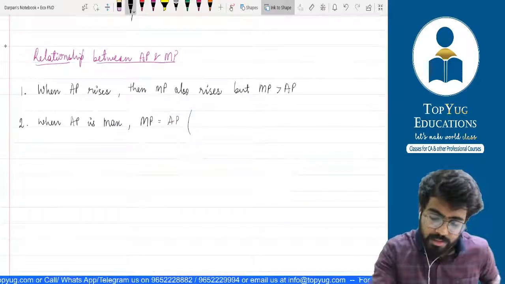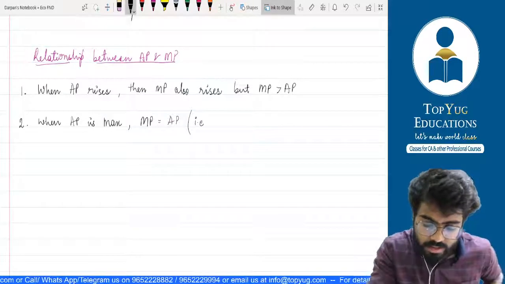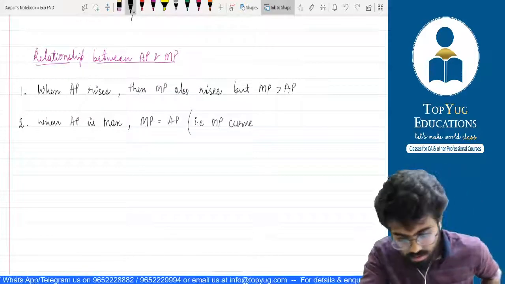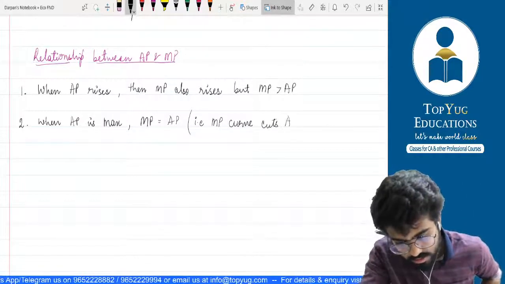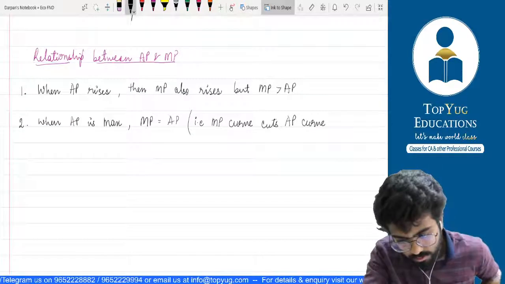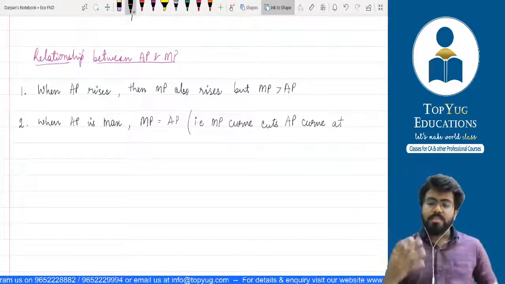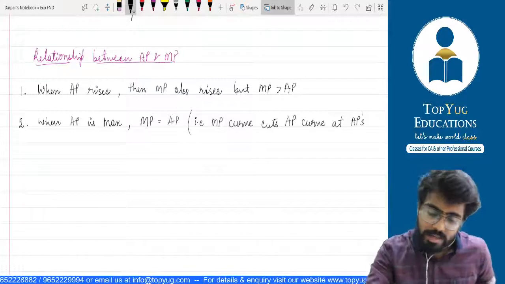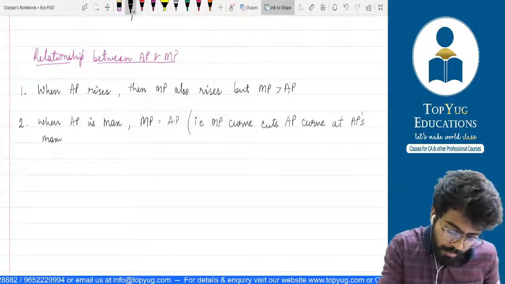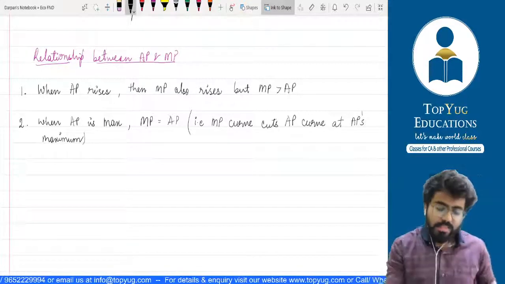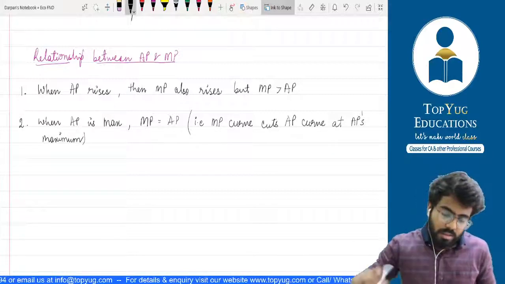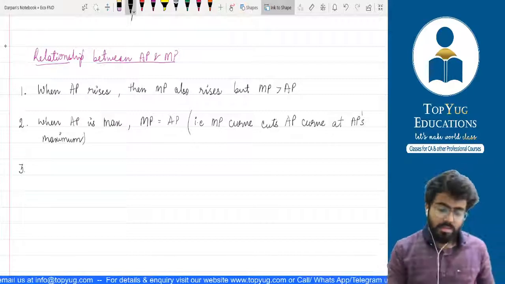MP is equal to AP, in brackets, that is MP curve cuts AP curve at AP's maximum. Correct?